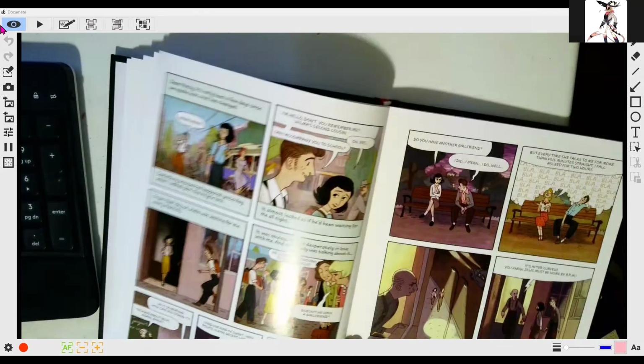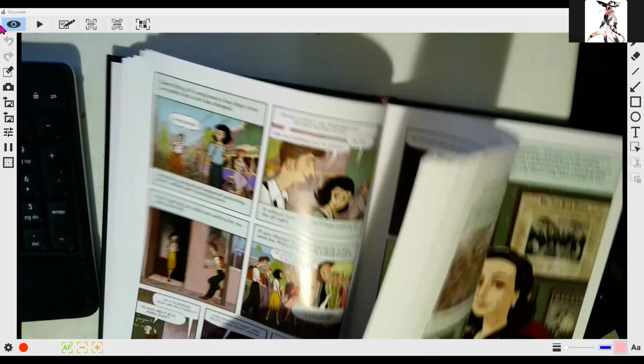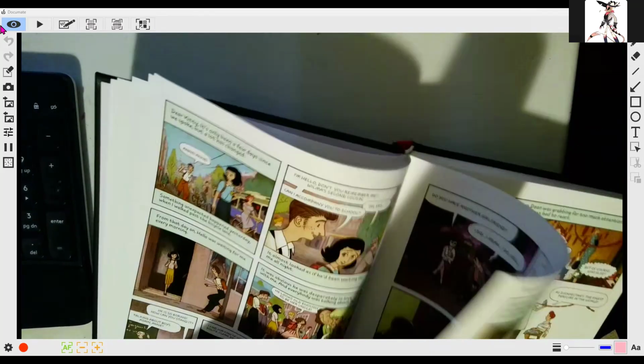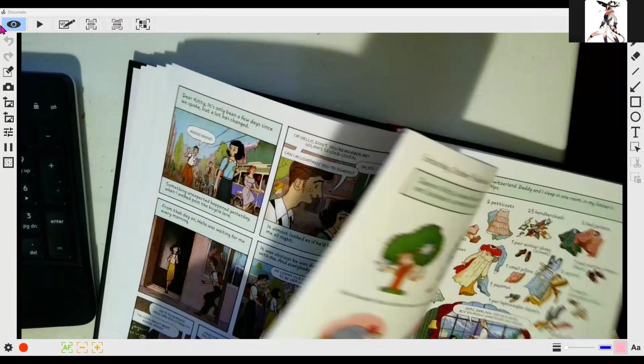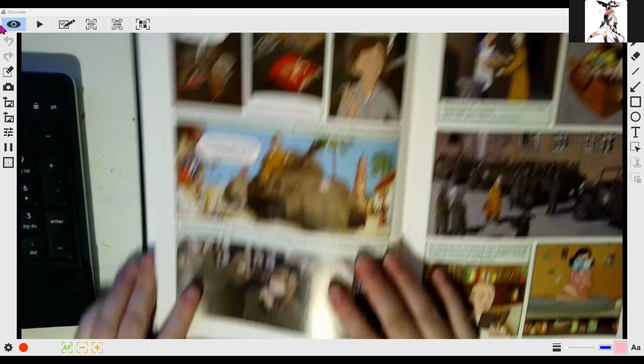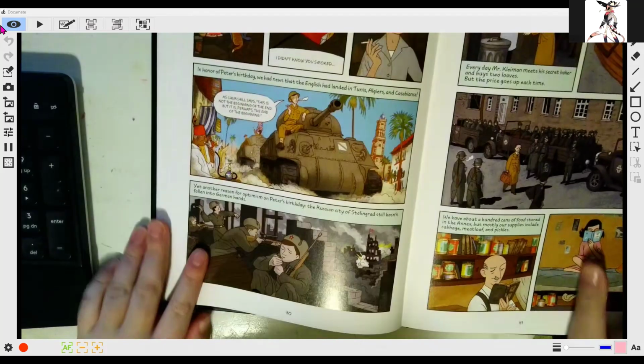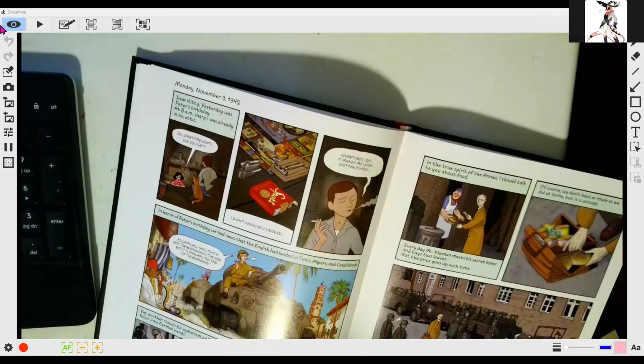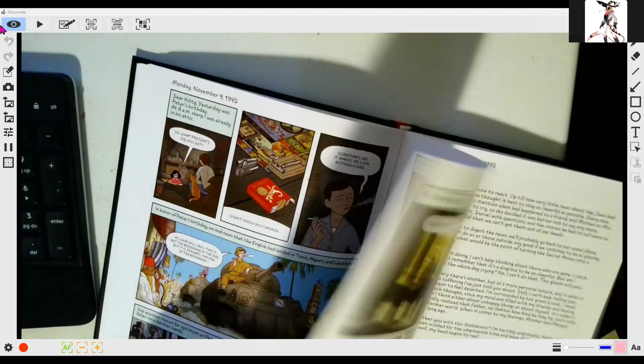And then things get really dark in this book. Again, you'll have to read the book to find out what happens. There was a war involved. Hitler was involved in a war, so they had to lead them through that.